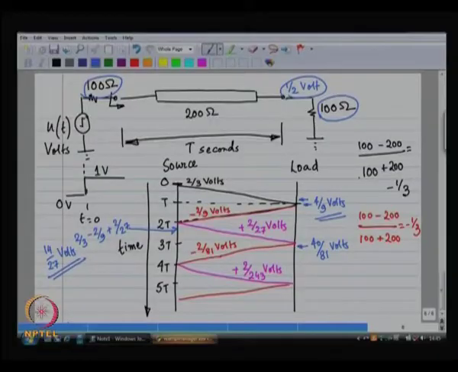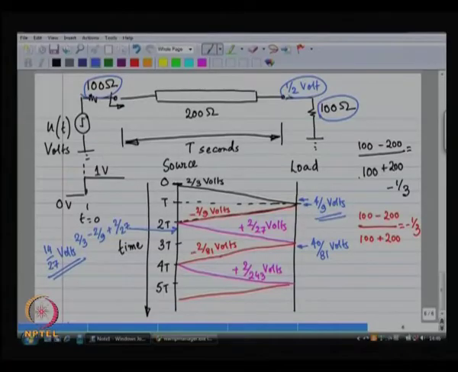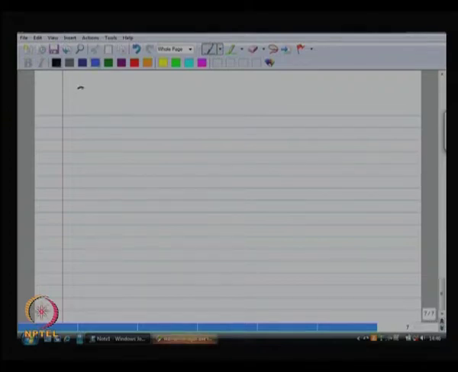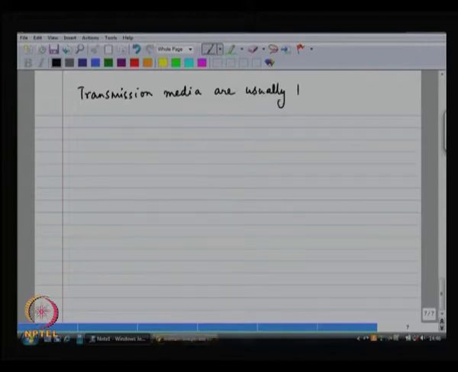So, this is basically the way we work with a transmission medium or a transmission line. In addition to this, what we have ignored here is the fact that transmission media are usually lossy. That is something we have not incorporated in our calculations.